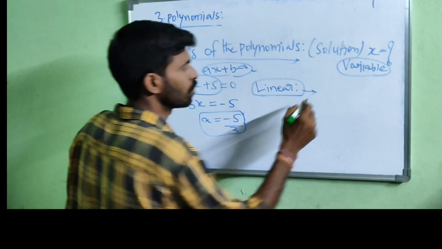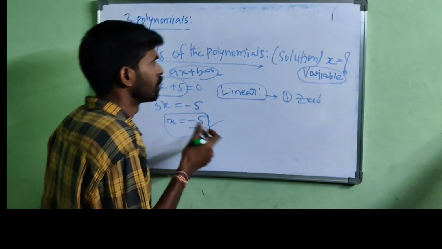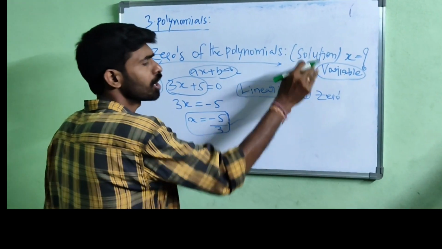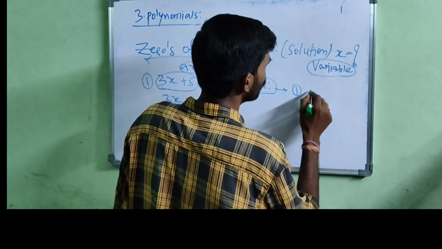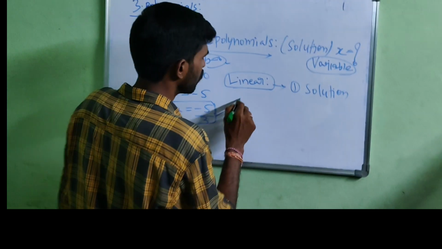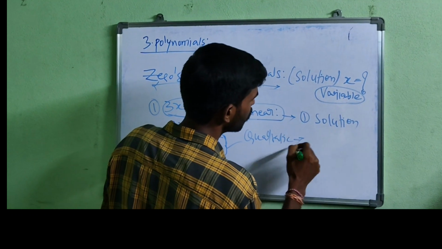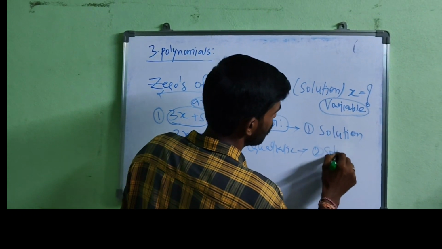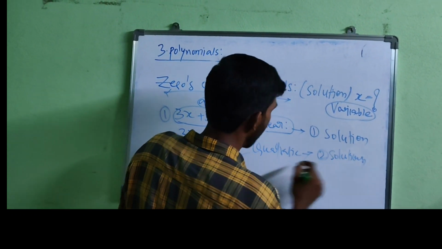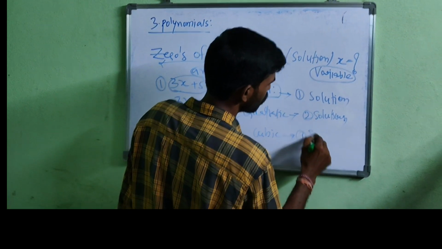Only 1 zero. Zeros of the polynomial is nothing but the solution. That's why it has only one solution. For a quadratic polynomial, power 2 means 2 solutions. For a cubic polynomial, 3 solutions.